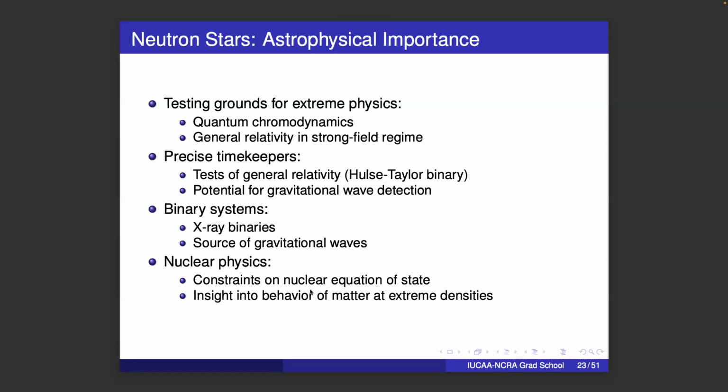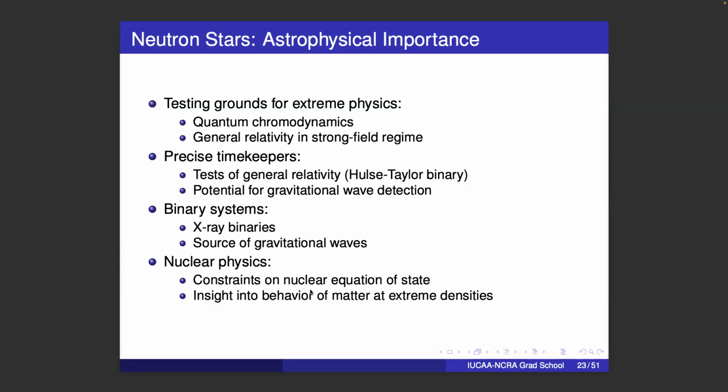They're very precise timekeepers. So they rotate at a certain pace, keep on rotating at that pace, and very, very slowly they lose time. Okay? We saw that they lose like 10 raised to minus 12 seconds per second or slower. So they are very, very stable timekeepers. And therefore, they can be used in the Hulse-Taylor binary, which I mentioned.